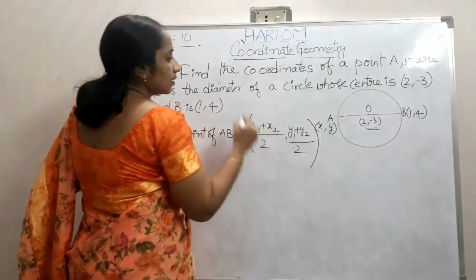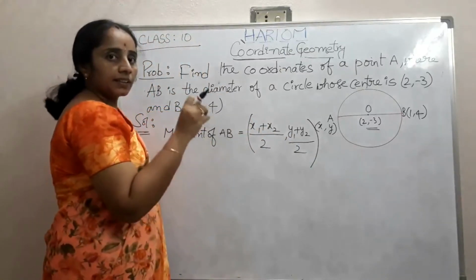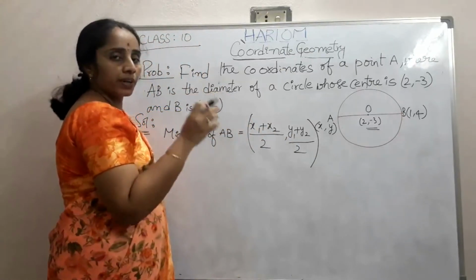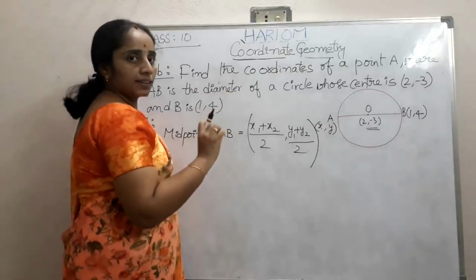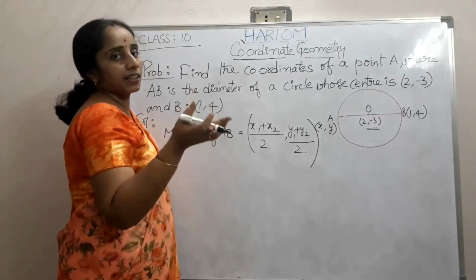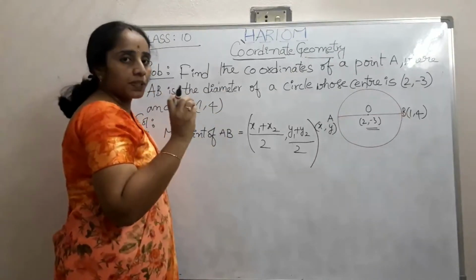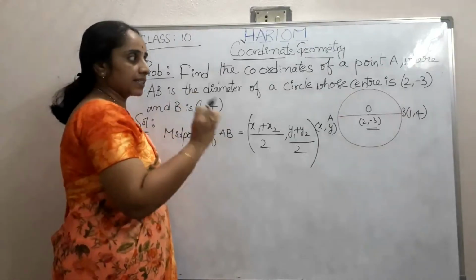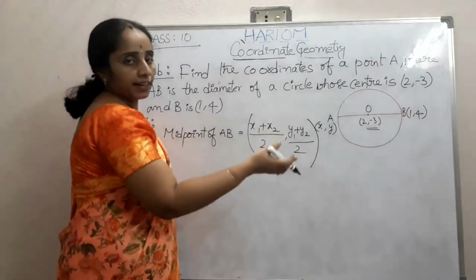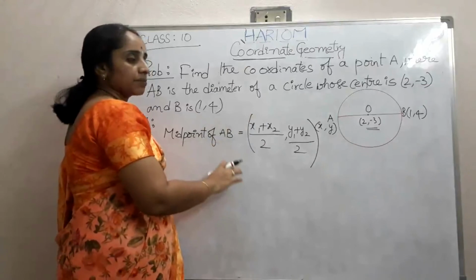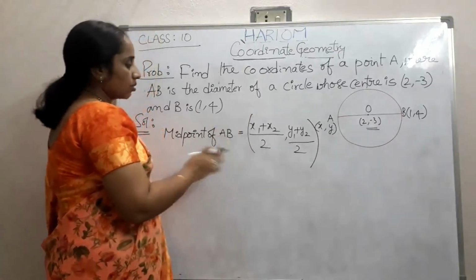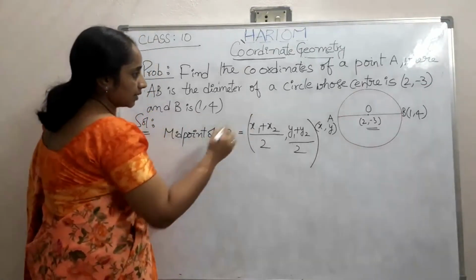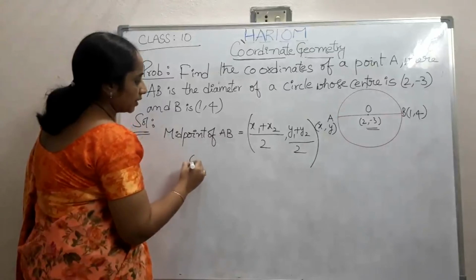If the line segment is divided by a point equally, in equal ratio, not in any specific ratio, then it becomes its midpoint. So by taking its midpoint, what is its midpoint?